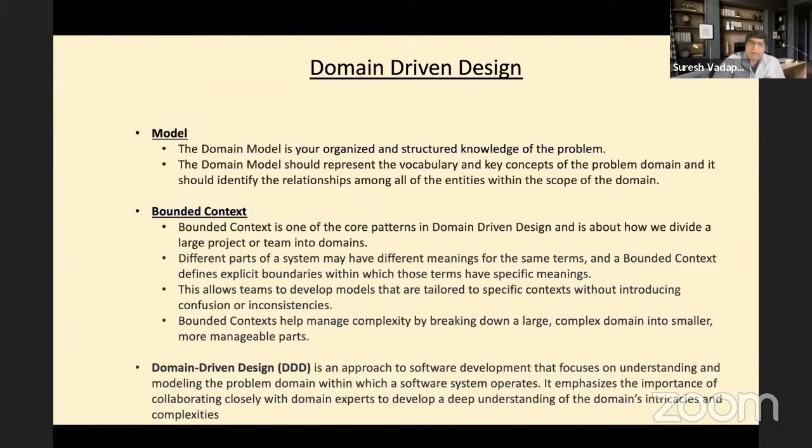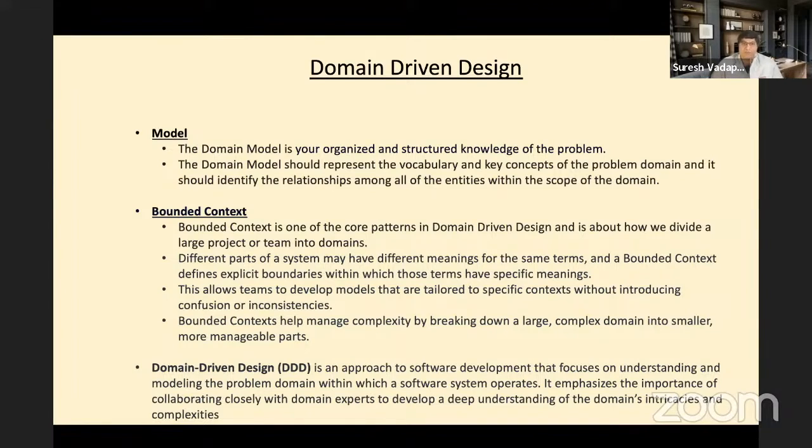Okay. Next is the important thing we discussed in the last session, which is modeling. Once you gather all this information, you need to model, you need to create a structure that defines what you are capturing and also what the relationships are. So this is your model, and these models fall within the bounded context, which we also discussed in the last session.